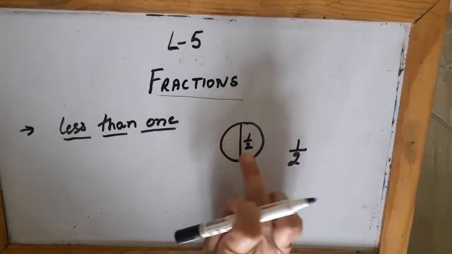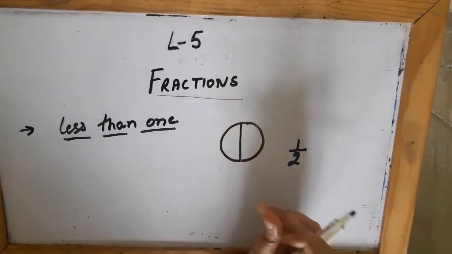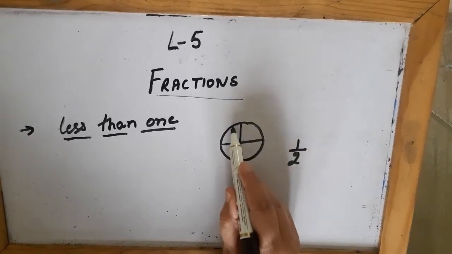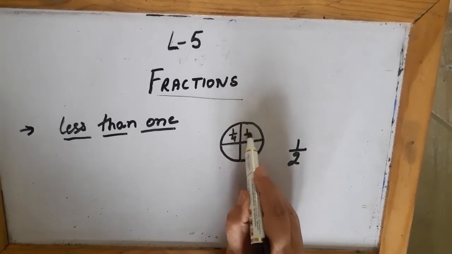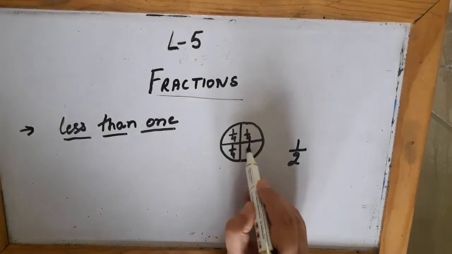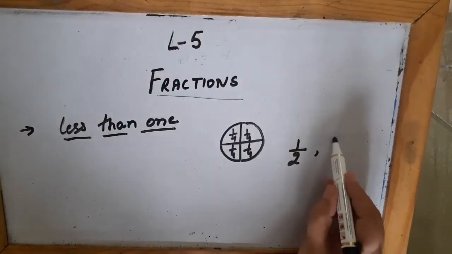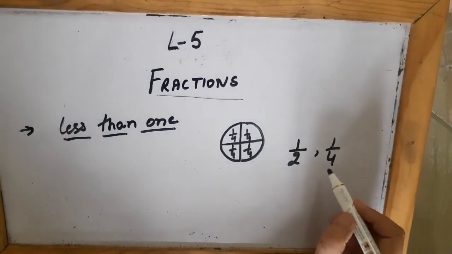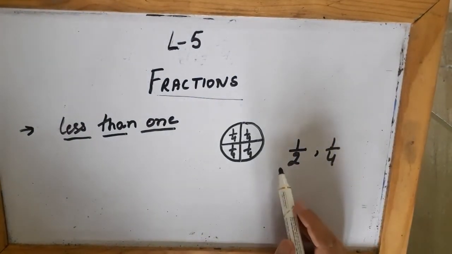Suppose I divide this one circle into four equal parts, then each part will be 1/4 of the circle. So this 1/4 is a fraction which represents a number that is less than 1.